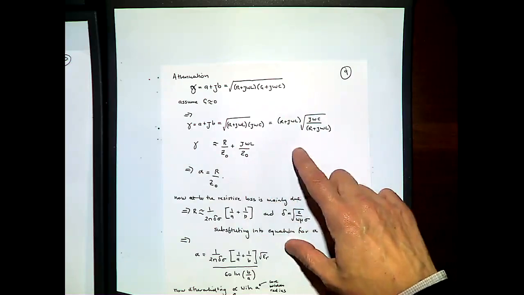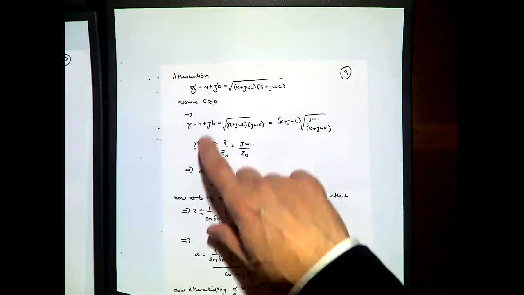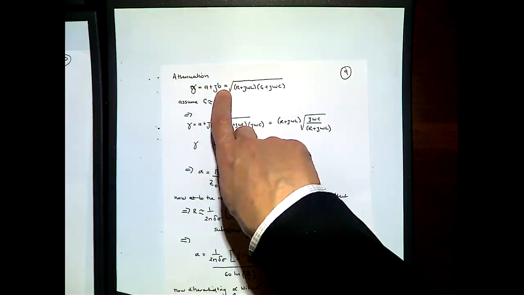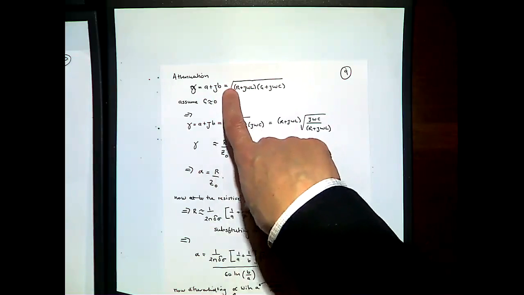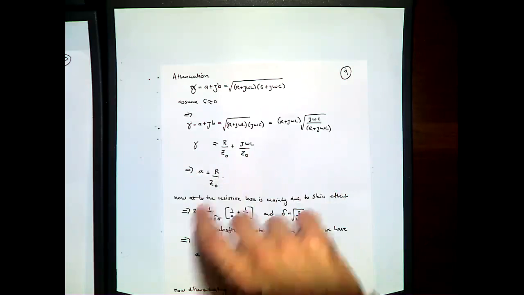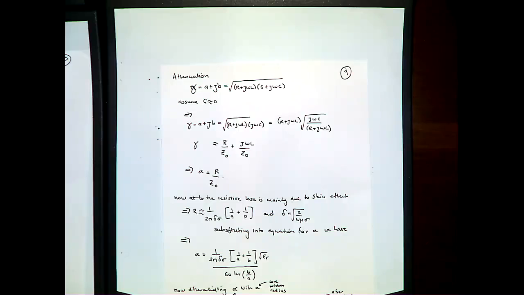After a little bit of analysis and rewriting, I can write the propagation constant, which is the real part alpha plus j beta, as follows, and that gives me the real part as R on Z naught. Now, I'm going to assume, because it's air-filled, that most or all of the loss is due to skin effect.